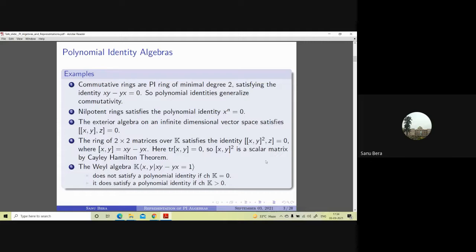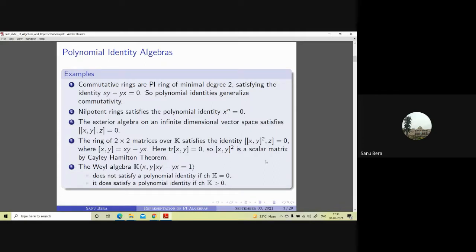Some nilpotent rings also satisfy polynomial identities. Suppose a nilpotent ring whose nilpotent index is n satisfies the identity x to the power n equals 0. For more interesting examples, of course, we have to focus on matrix rings. That will be an obviously non-commutative ring, and interesting also from the representation theory point of view. Another example is the exterior algebra on an infinite dimensional vector space.